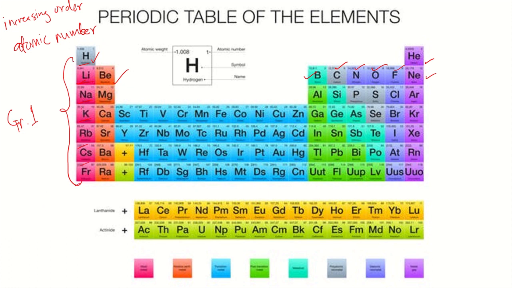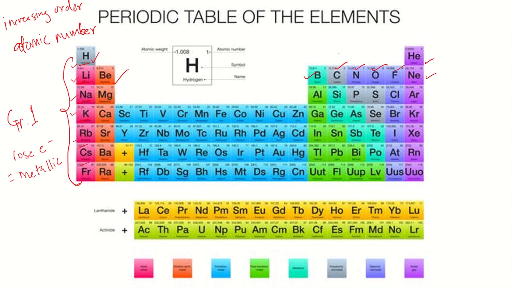The similar property that we observe in this group is that they tend to lose electrons. And this is what we call metallic property. So losing electrons is a metallic property shown by hydrogen, lithium, sodium, potassium, rubidium, caesium, francium, and so on.